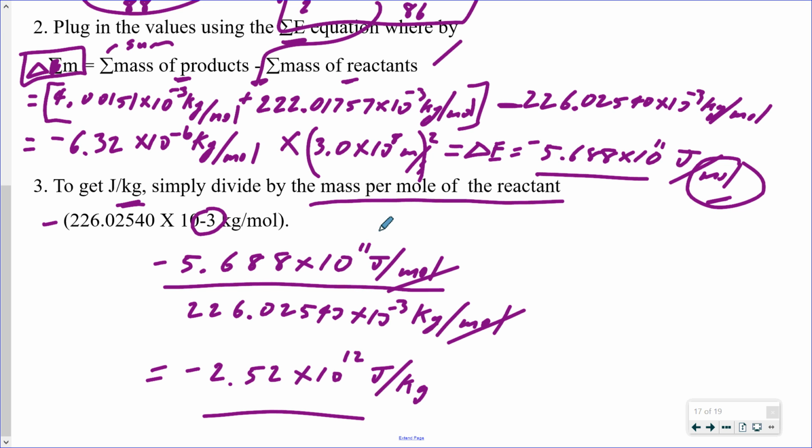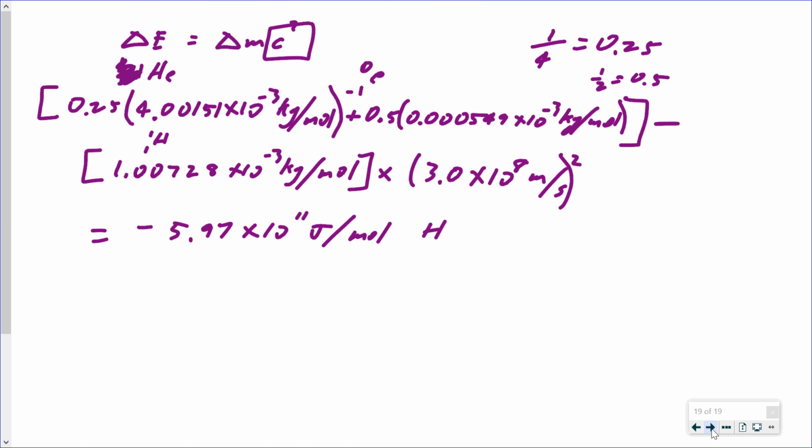So how can we say that we're getting more energy from a fusion reaction than from a fission reaction? Well, what I'm going to do now is divide it by the mass for the proton. So now we can get the energy per kilogram of protons.